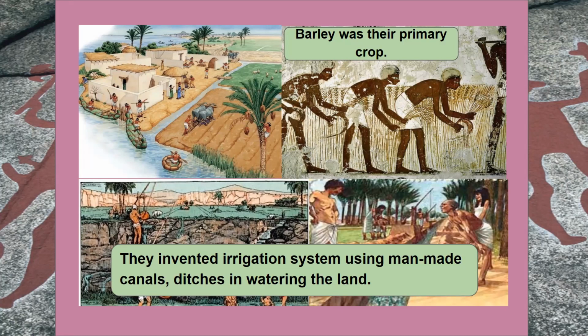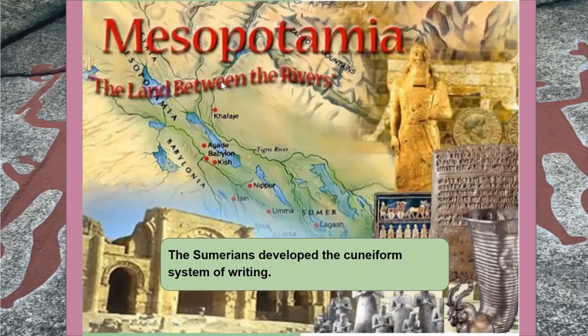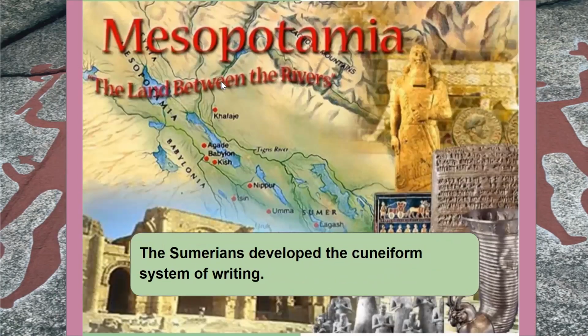Thus, the irrigation system and field system changed the face of farming. To account for their harvests, the Sumerians developed the cuneiform system of writing, the first written language in history.